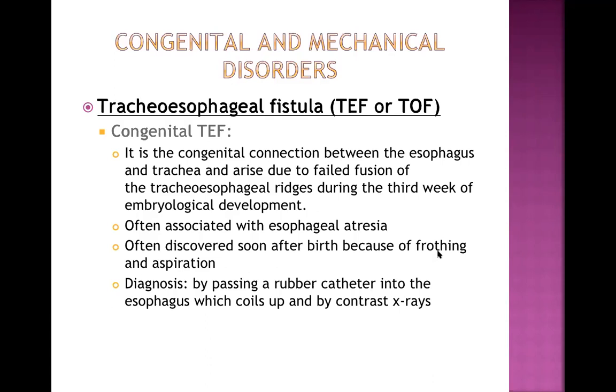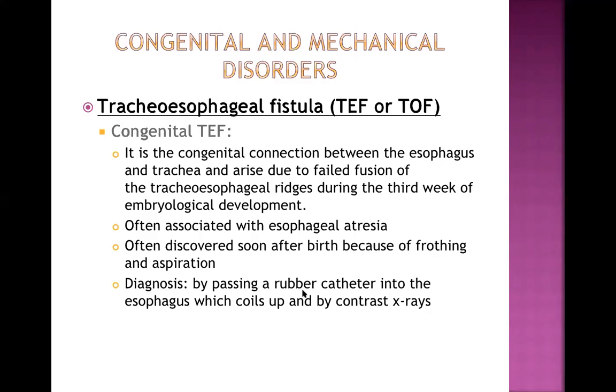Now, how do we confirm? The diagnosis is done by passing a rubber catheter into the esophagus, which coils up, and after that we take a contrast X-ray. So we have suspected the esophagus is blind, it has atresia.